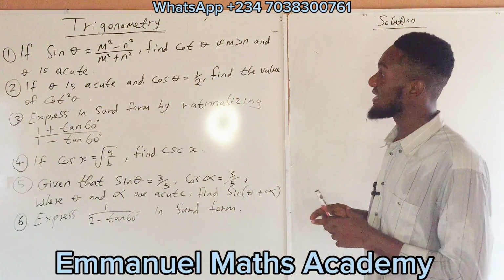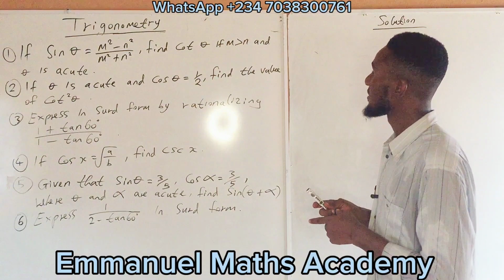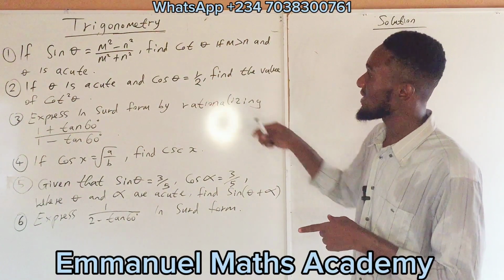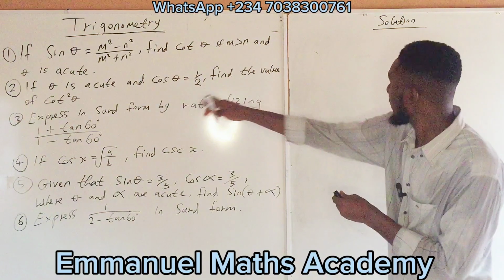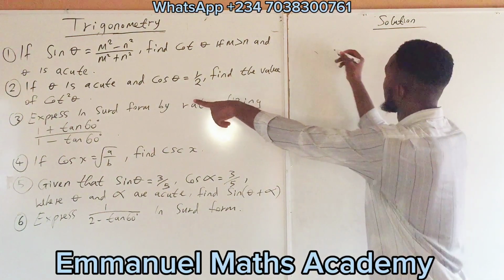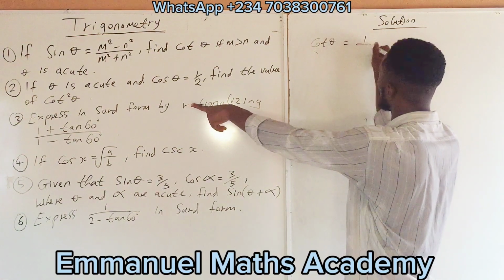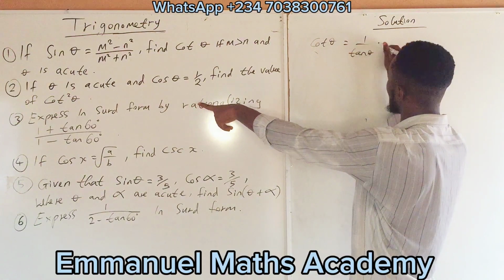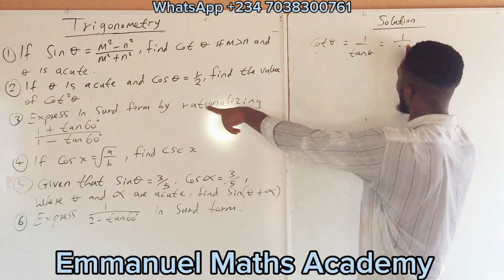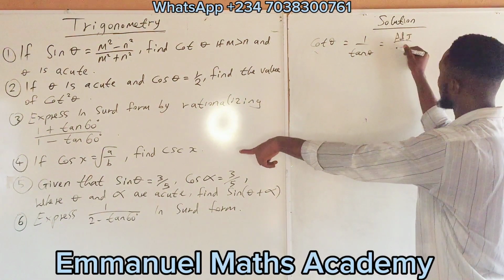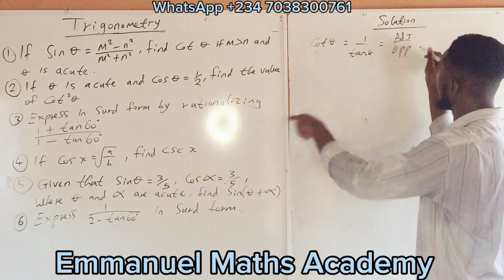It says if theta is acute and cos theta is equal to 1 over 2, find the value of cot square theta. Right? You have to find the value of this. So cot theta is equal to 1 over tan theta, which is equal to adjacent over opposite, right?